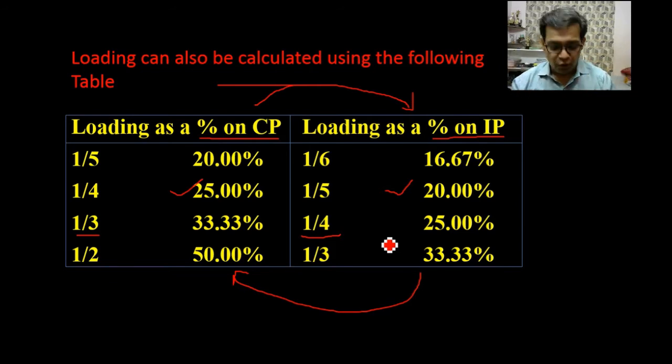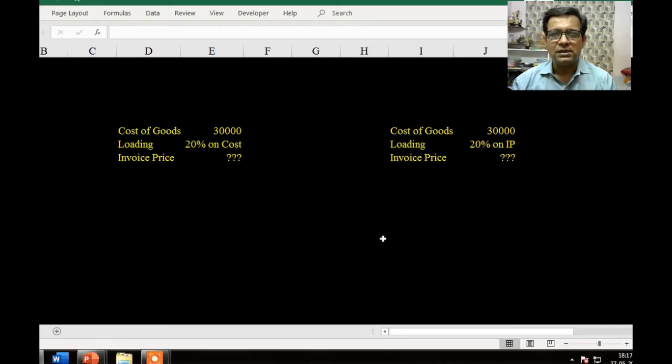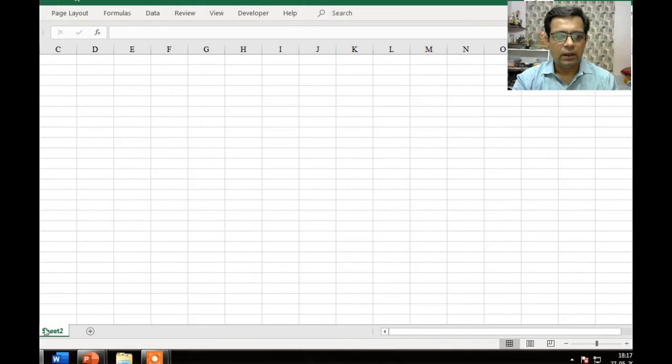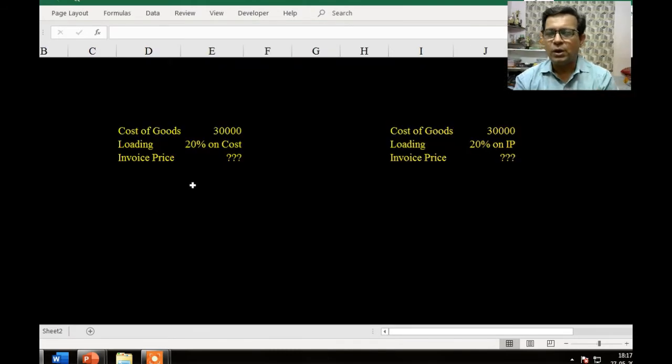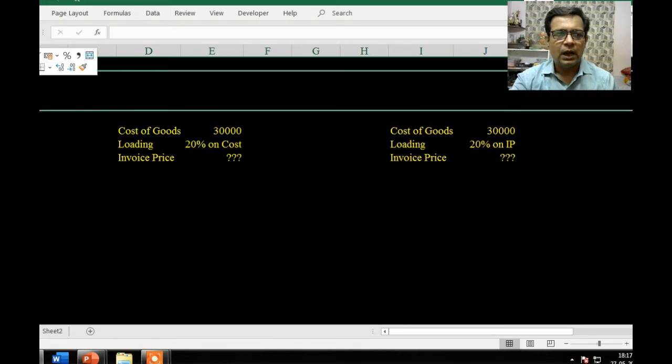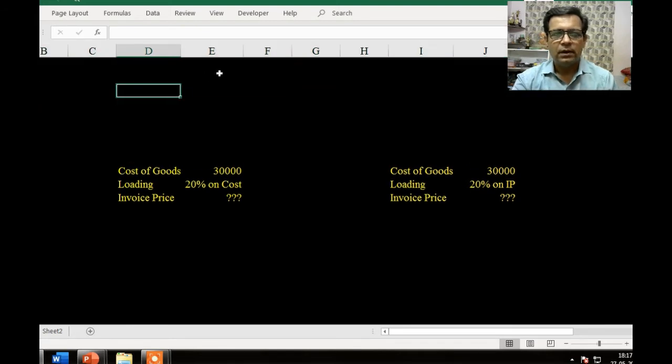There is another way of doing it, which let's understand with the help of the sheet. Right now, I'll show you how we can do that. Let's say I have a cost price.